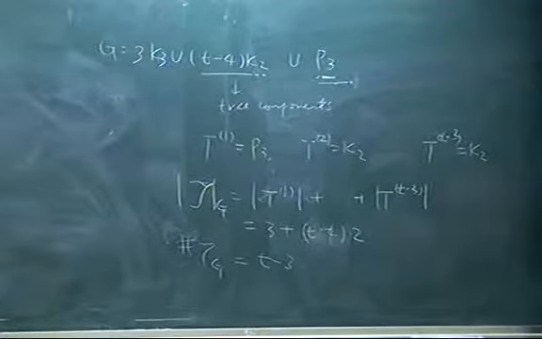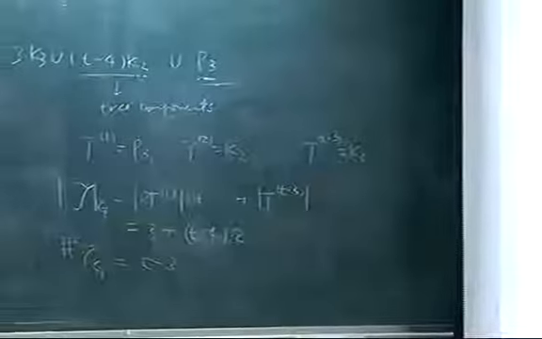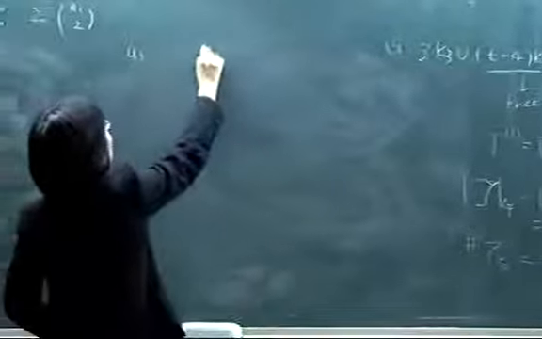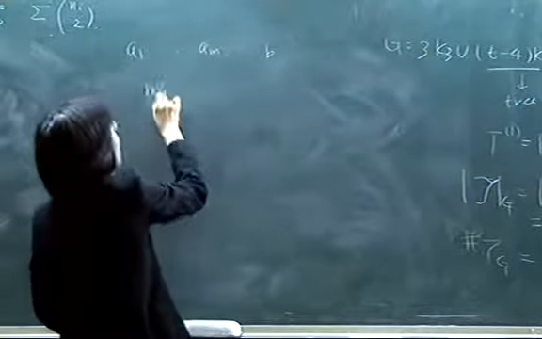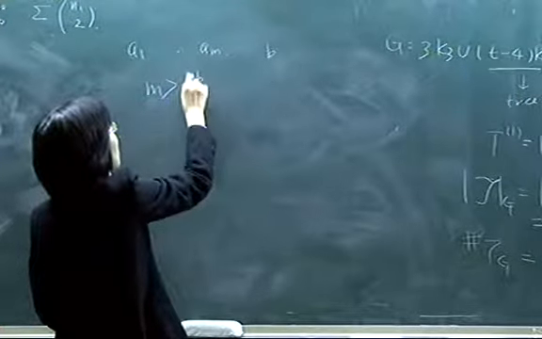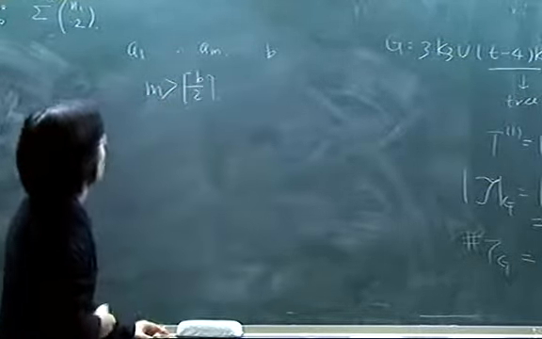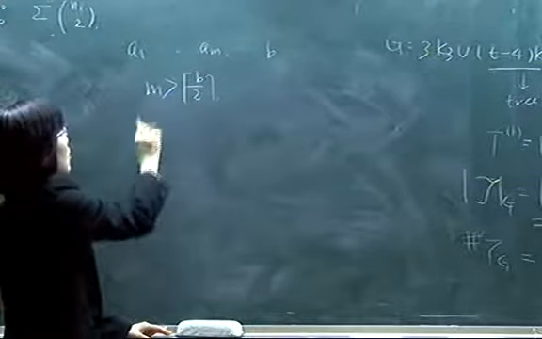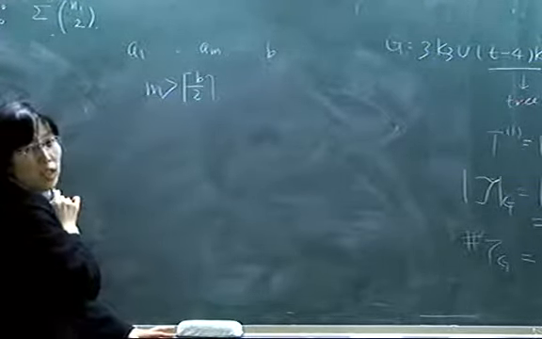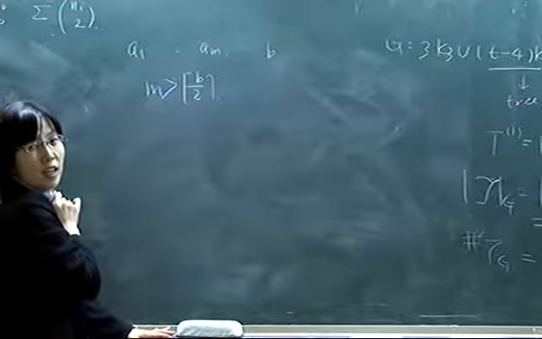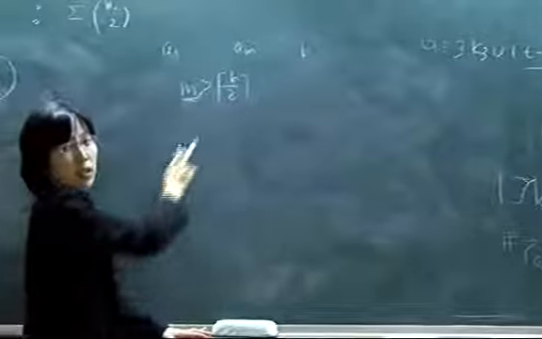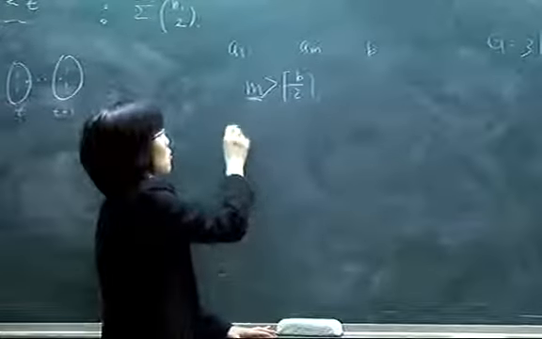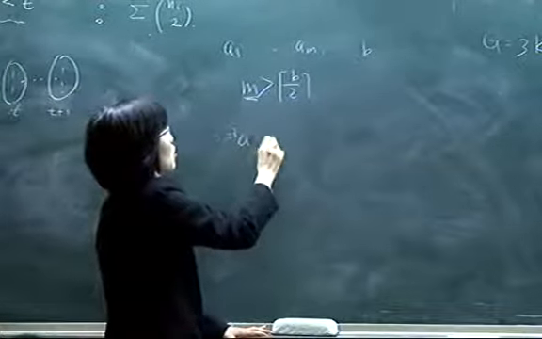Well, if we look at the above Pigeonhole theorem, A1 up to AM, and these all add up to B, and M is bigger than half of B. So then certainly you have at least one number of order 1, because the number of integers is bigger than half of that one. So there is some AJ which is 1.